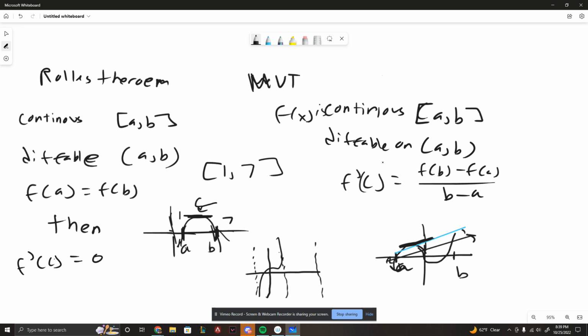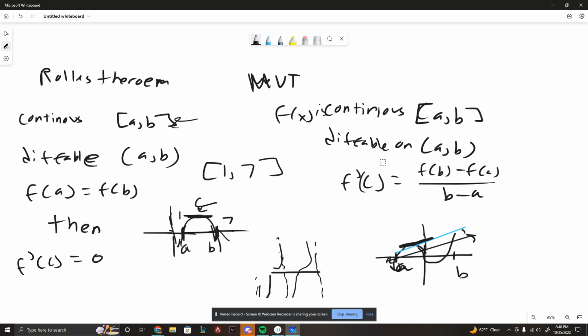No matter what you do with this, unless it's strictly in between the asymptotes, it won't work. Because if you include the asymptotes, it's not going to be continuous on that interval, and it also won't be differentiable because you can't be differentiable at that asymptote. But yeah, that's basically what it is.